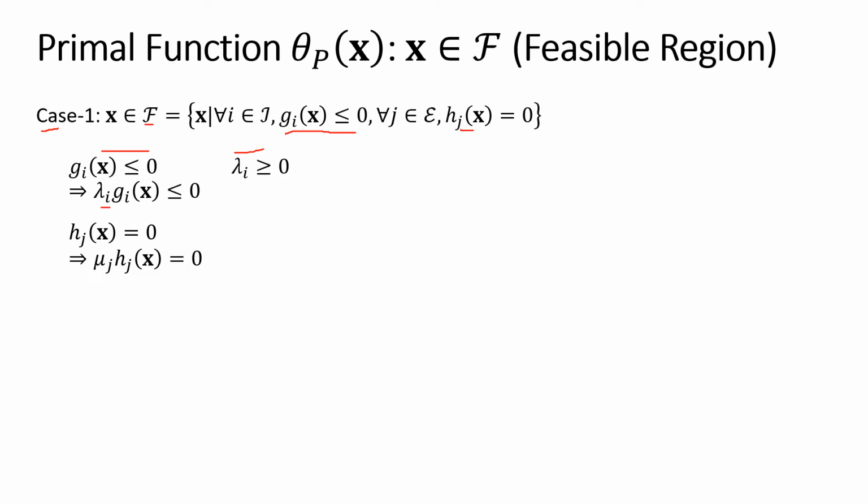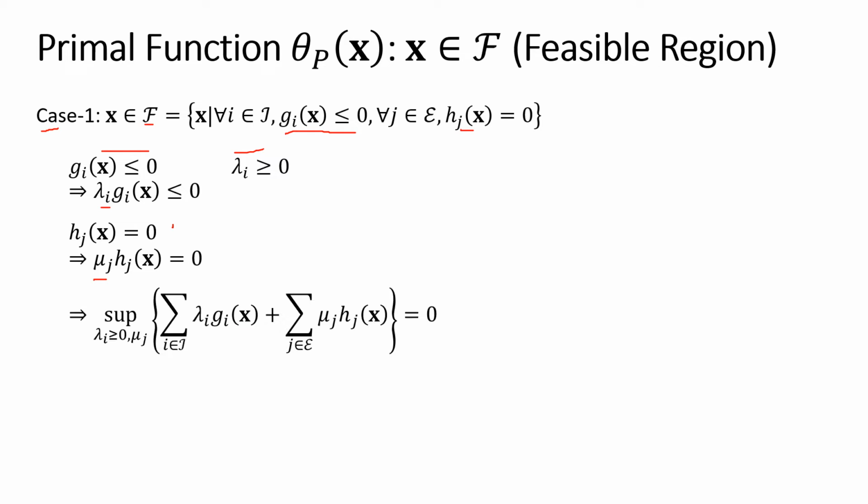Now let's look at an equality constraint. hj of x is equal to 0, whence, as long as mu is finite, mu j hj of x is also equal to 0. Therefore, let's look at the supremum of summation lambda i gi of x plus summation mu j hj of x.